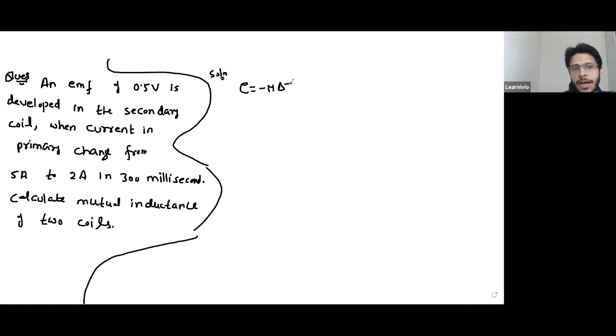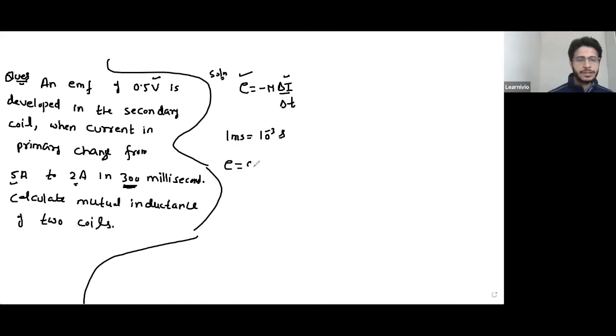Instead of di, you can write delta I over delta t. So E is 0.5. For delta I, you can take change in current. Initial current is this, final is this. You can calculate the change in current, and the time interval is this, milliseconds. So 1 millisecond is basically 10 raised to the power minus 3 seconds.